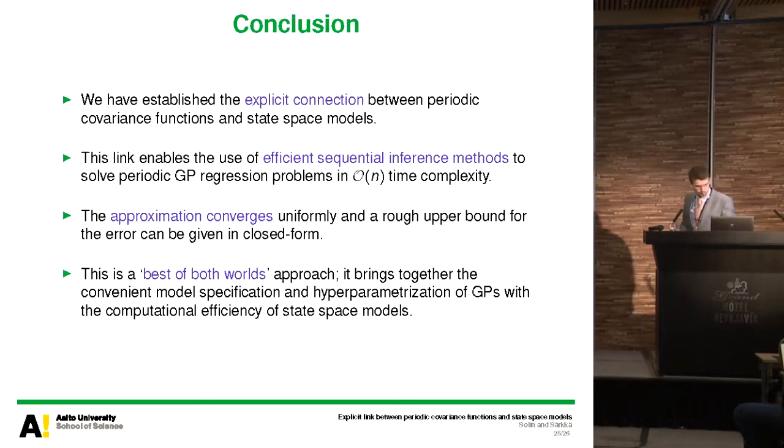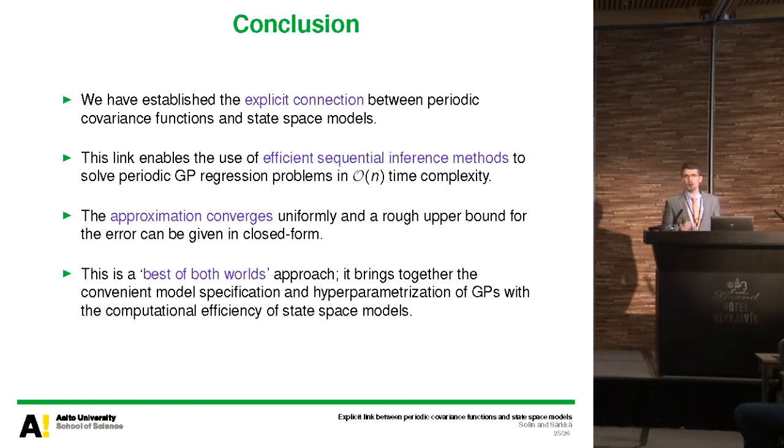So, some conclusions. In the paper, we have established the explicit connection between periodic covariance functions and state space models. The thing behind this is that it enables us to use very efficient sequential inference methods to solve GP regression problems in O(n) time complexity.